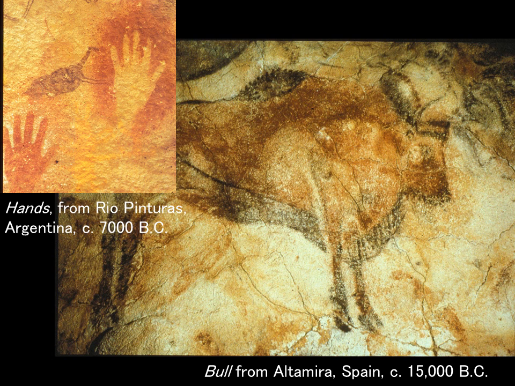When you look at the hands from the Cueva de las Manos in Argentina or the bull from Altamira, Spain, these were clearly not drawn with charcoal. And instead of looking like charcoal drawings, they look a bit more like something that was sprayed on.